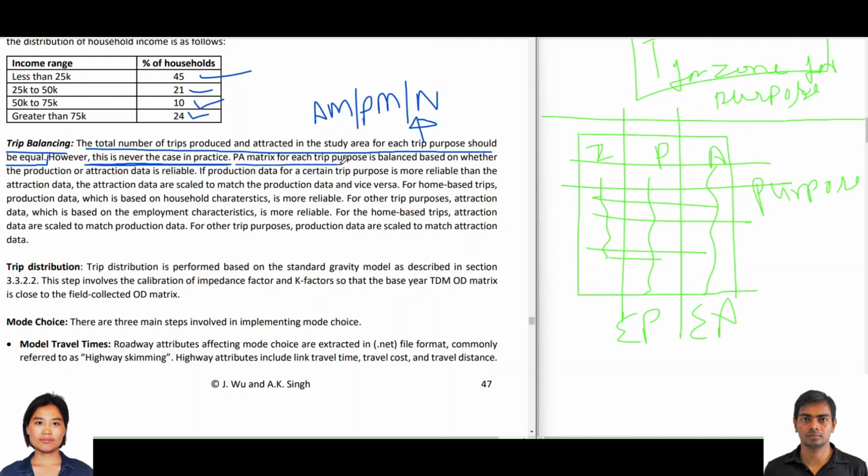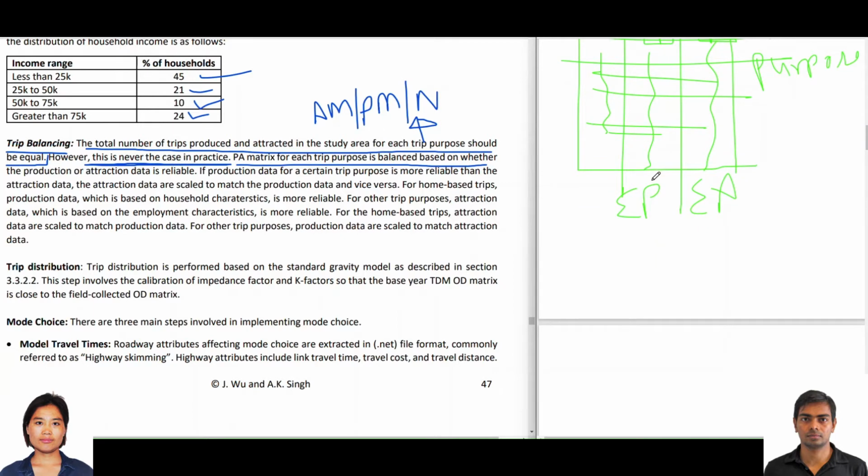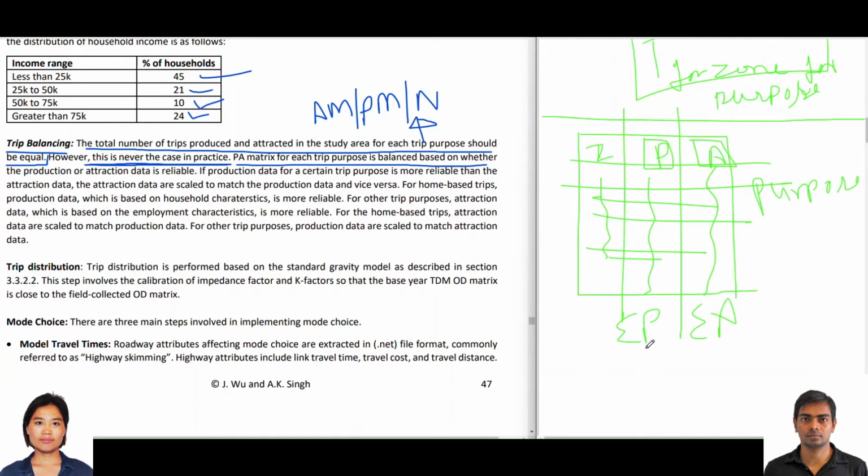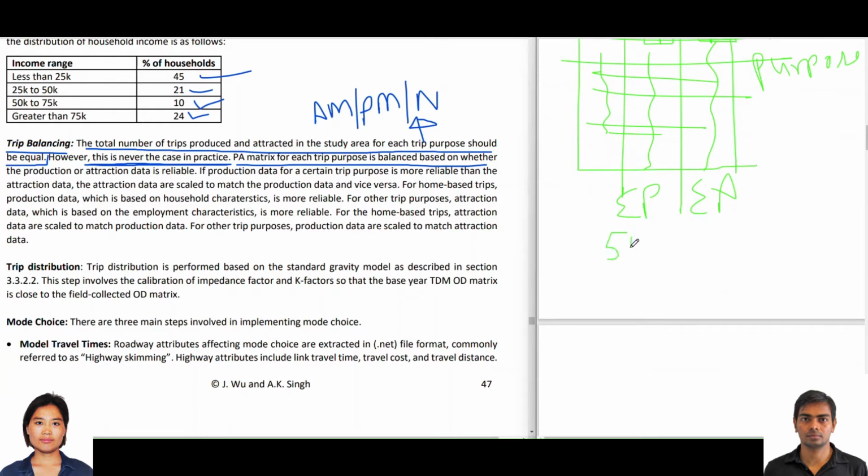So the PA matrix for each trip purpose is balanced based on whether production is more important or attraction is more important. In the example I was giving during theory, let's say total production is 5,000 and total attraction is 4,500, or the other way around.